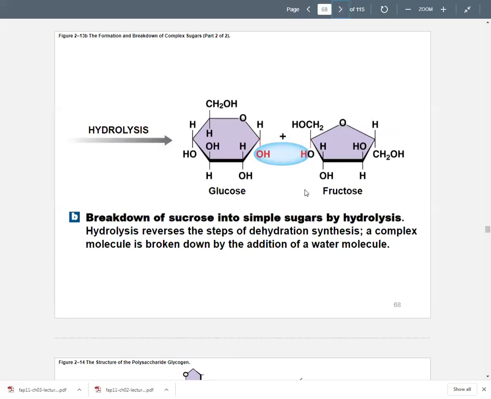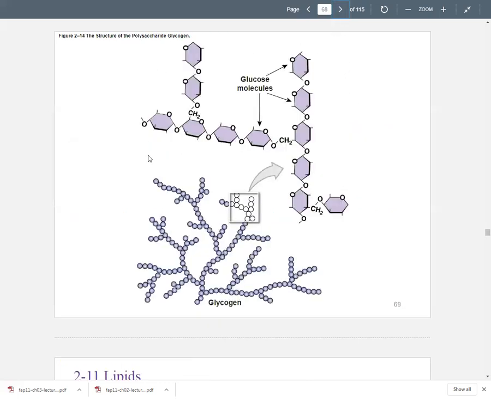Okay, so now you're back to glucose and fructose. All right, here's your polysaccharide. This is glycogen. So same process, dehydration synthesis, just over hundreds of times. And you're creating these branched chains of glucose. Okay, this is how your body stores food. It makes glycogen. And then when it needs it to make energy, it just breaks off pieces.